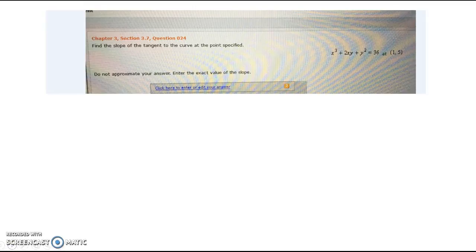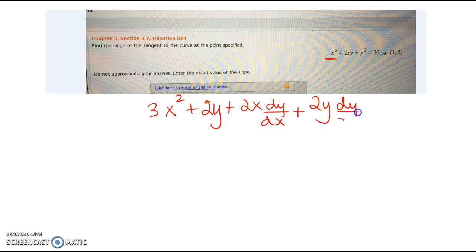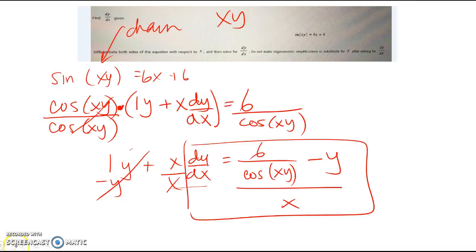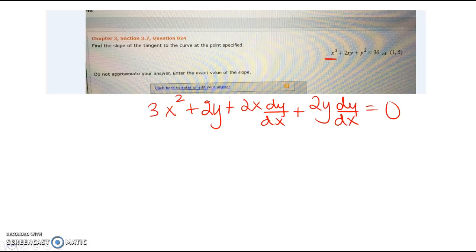Now we'll find the slope. Same thing. All right, so I'm starting here. 3x squared plus product rule. Derivative of 2x is 2 times y plus 2x times the derivative of y, plus 2y times the derivative of y equals 0.